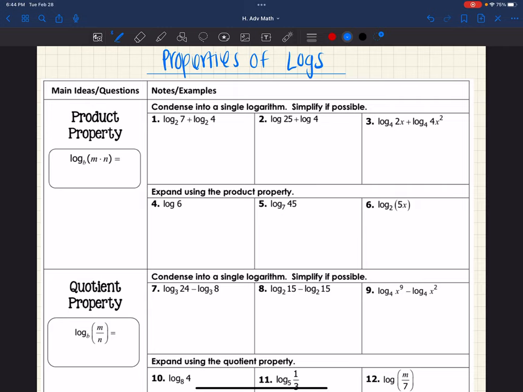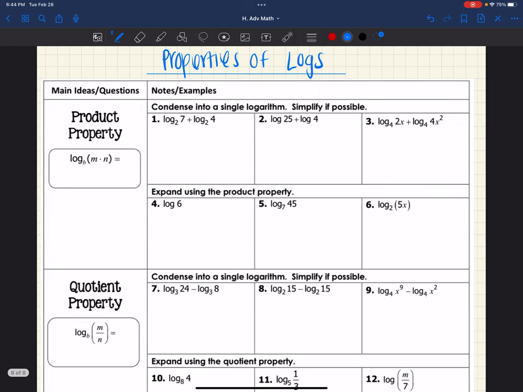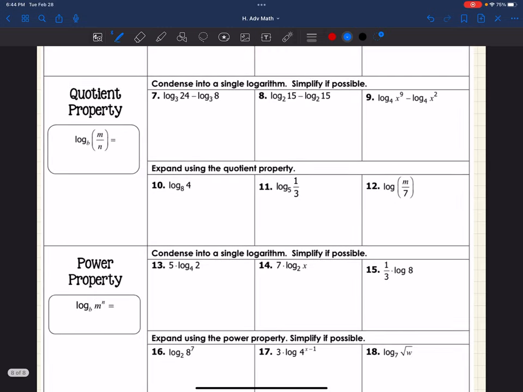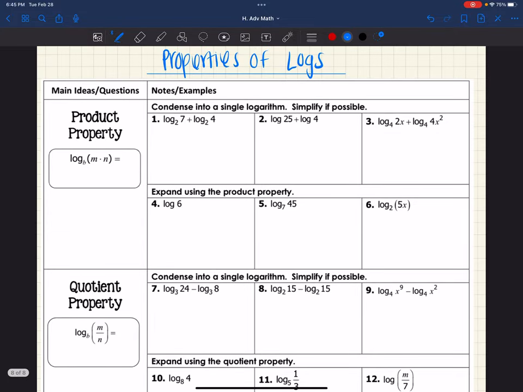These are going to be super similar. As you can see, the names of the properties of logs are very similar to the properties of exponents, but they're a little bit different. We're going to be talking about those today. There are 3 main properties that we're going to focus on: the product property, the quotient property, and the power property. We're going to start off with product and then make our way down.